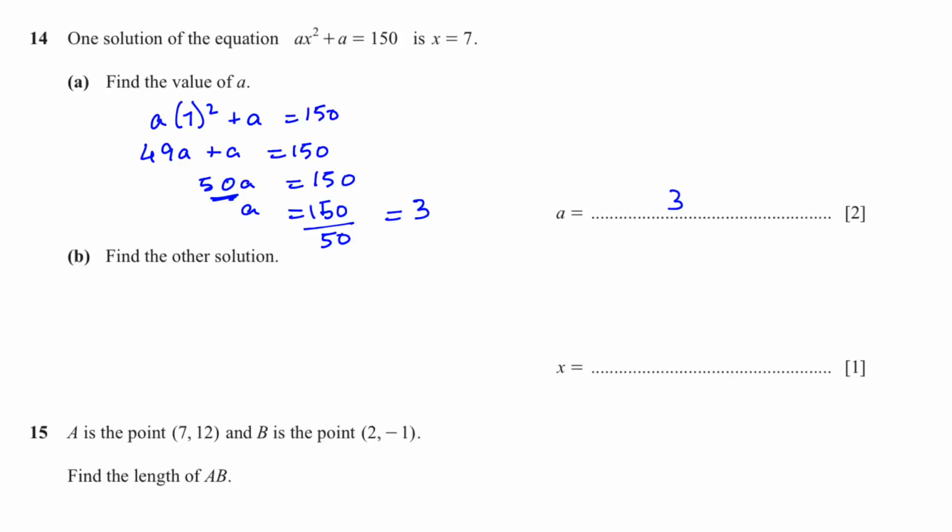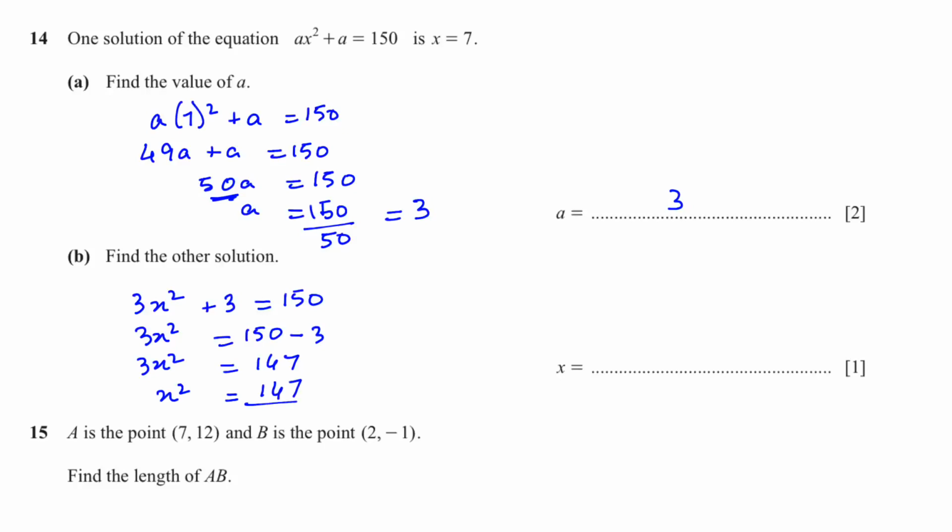And we have to find another solution. So now in place of a, we will substitute 3. We have 3x squared plus 3 is equal to 150. Therefore, 3x squared is equal to 150 minus 3. 3x squared is equal to 147. X squared is equal to 147 divided by 3.